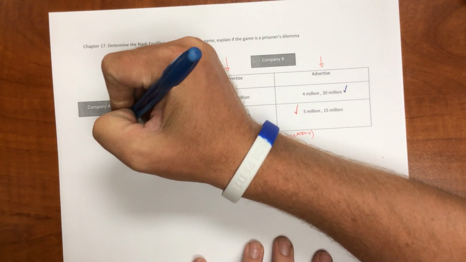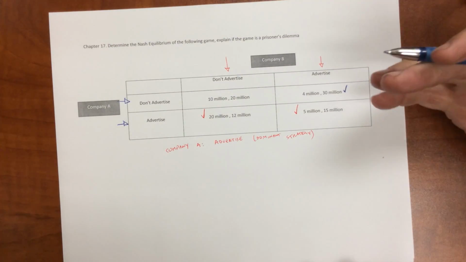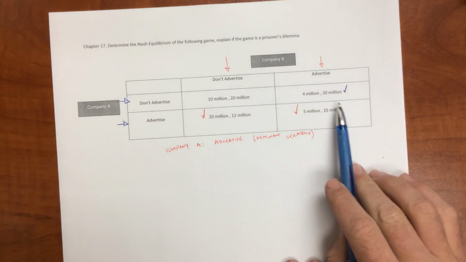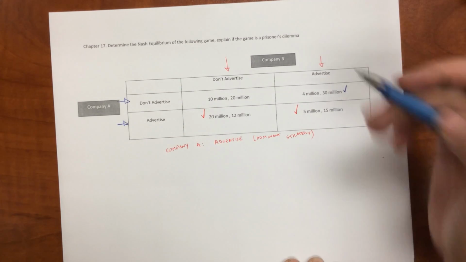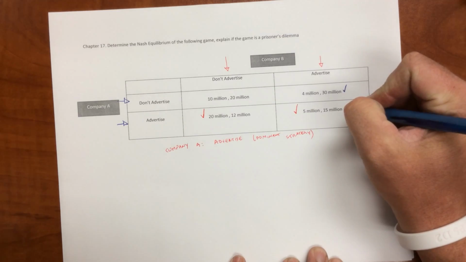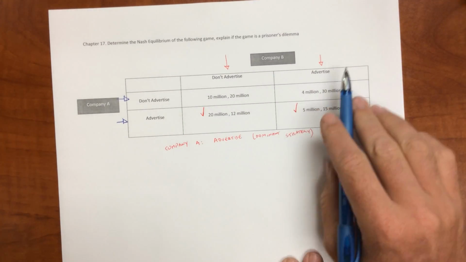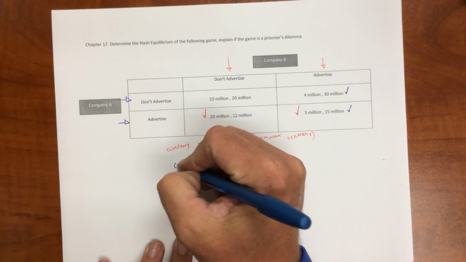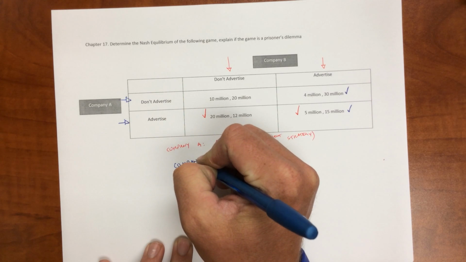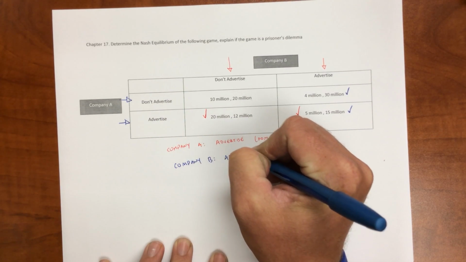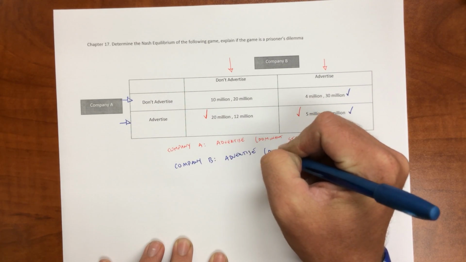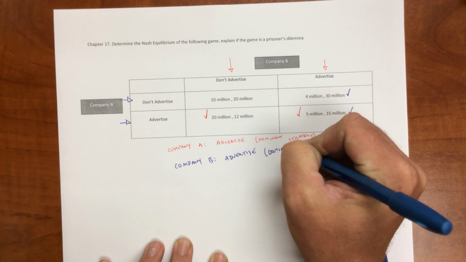Now let's assume that company A is going to advertise. Company B chooses between don't advertise and $12 million, or advertise and 15. They'd be better off to advertise at 15. And you'll notice that company B is always better off by choosing to advertise. And that is their dominant strategy.